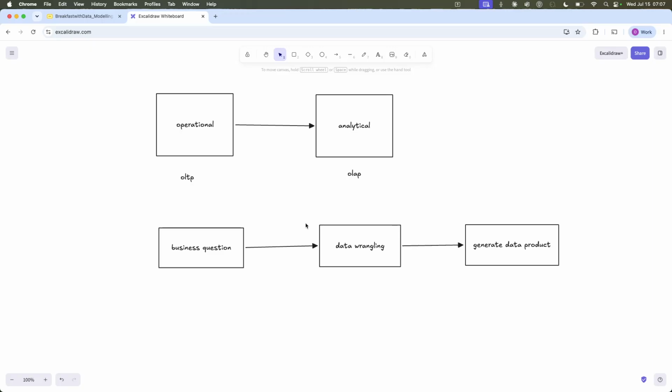In between this process is where you have your ETL, right? From operational to analytical. So when you make that jump from here to here is where you are going to be able to do your transformations.